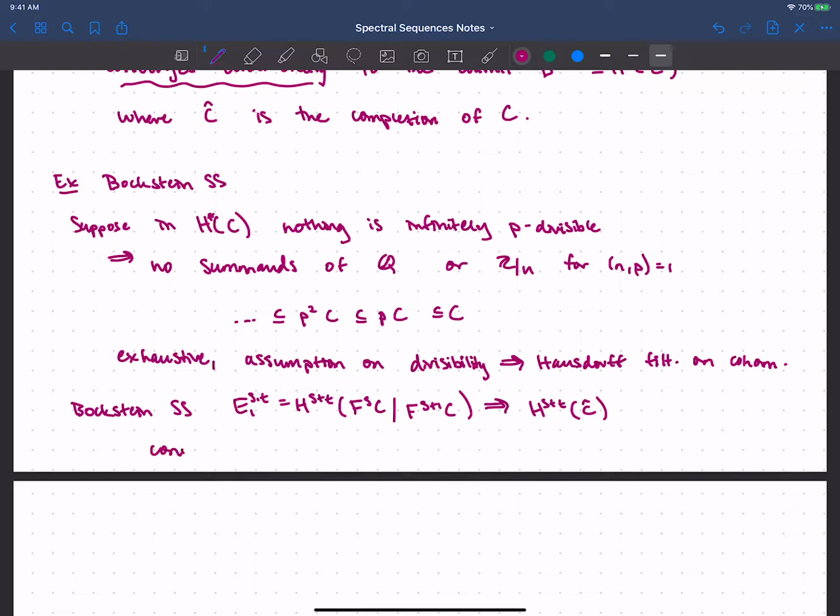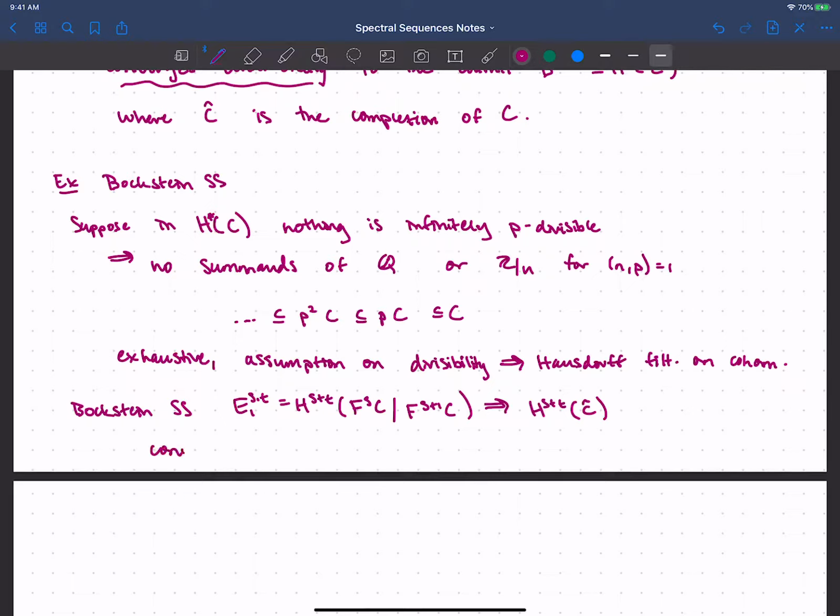So for example, if X is a finite type CW complex, then we'll get these groups to be finitely generated. Notice that all the groups in the chain complex are all free abelian. Okay, so we don't have to worry about that infinite divisibility kind of thing.